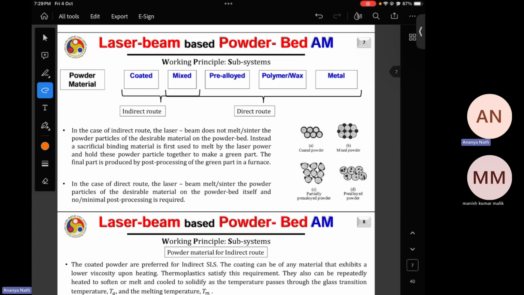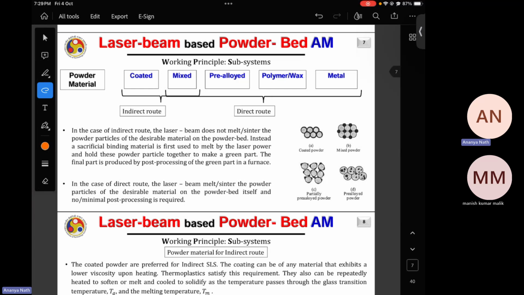Anyway, in case of polymer powders, one thing again: the powders to be used for powder bed fusion have to be spherical always, and generally they have a particle size distribution from 15 to 45 micrometer, but it depends on the laser you are using.